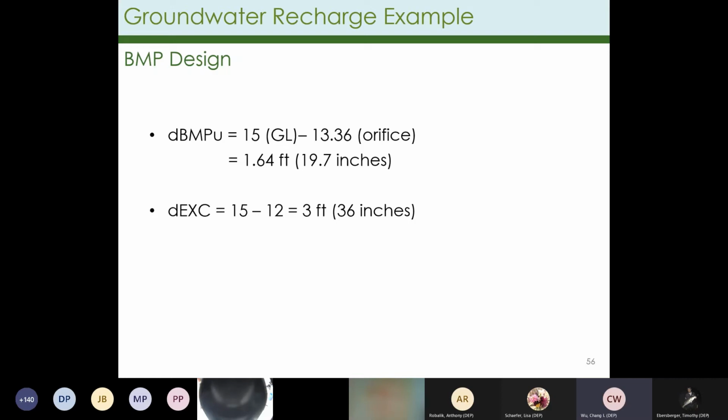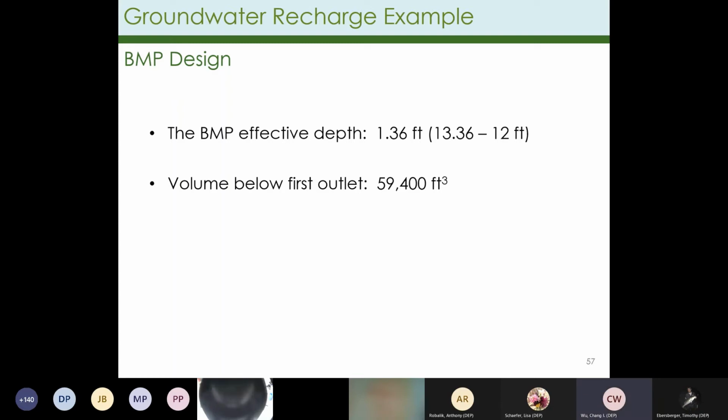And for this value, because the vegetated ground is above the water, it's a positive value. And the DEXC would be measured from the bottom of the basin to the ground level.